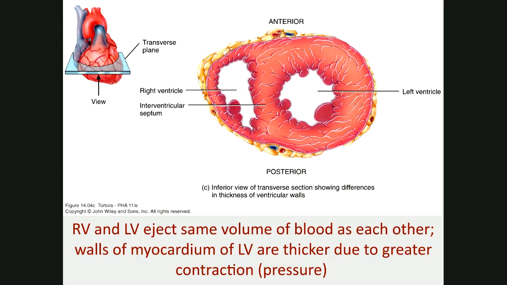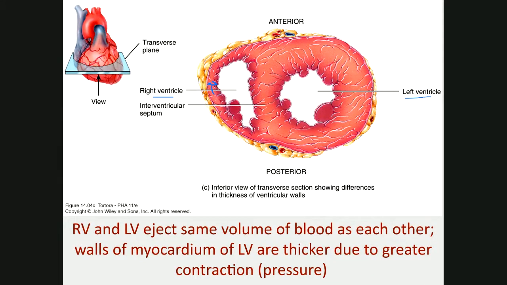So if we took a transverse cut of the heart, the apex of the heart here, I want you to notice the difference between the width of the myocardium in the left ventricle and the right ventricle. Do you notice how the myocardial tissue on the right side is a lot thinner than it is on the left?